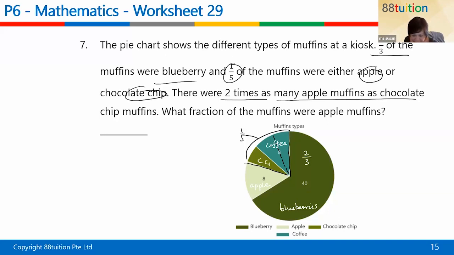Blueberries, chocolate chip is the lighter green, right? So he wants apple muffin, which is the fraction 8, 2/3, 1/5. Okay. What is the fraction that you have? Let me check your answers.